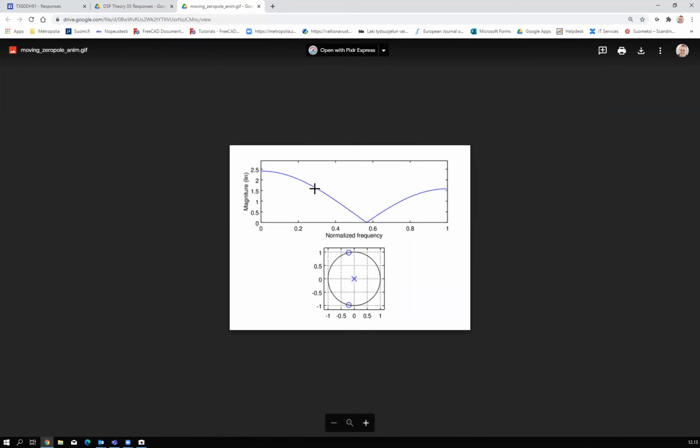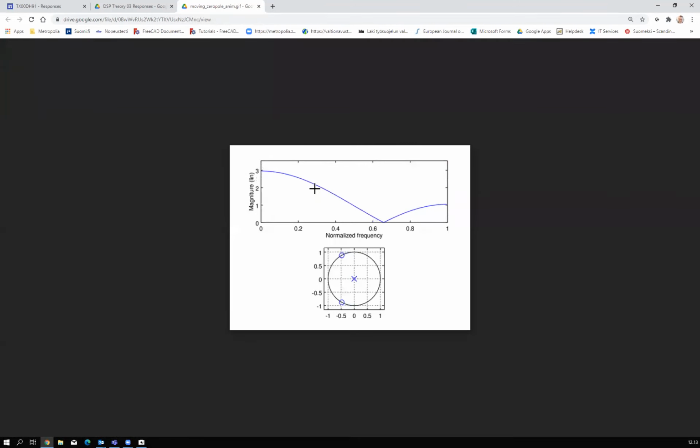Anyways, two more animations. Since I made them, I make you watch them. Okay, so moving just zeros on the unit circle, you have the local minimum moving. Now I'm moving the pole.